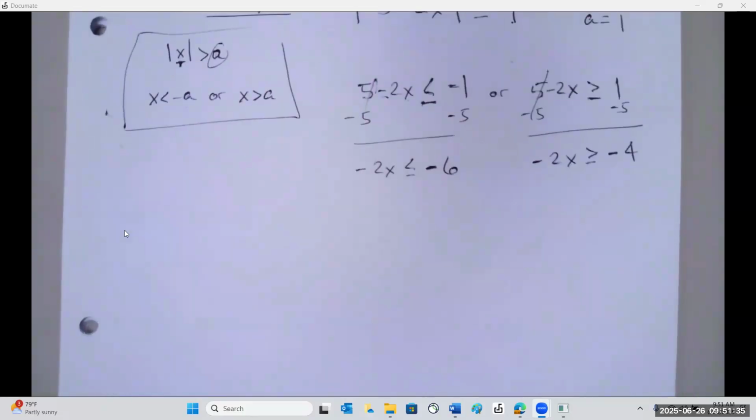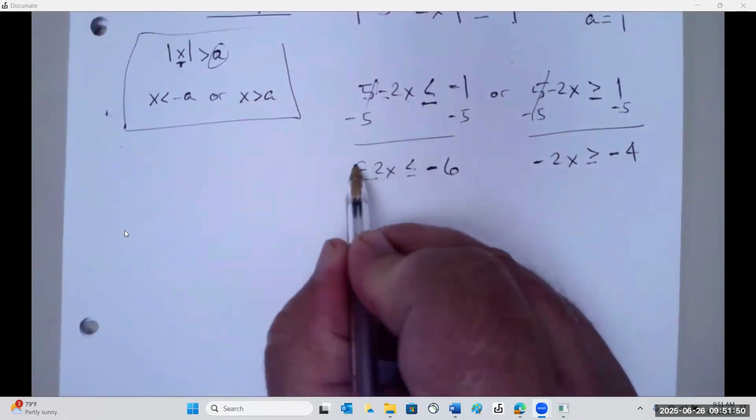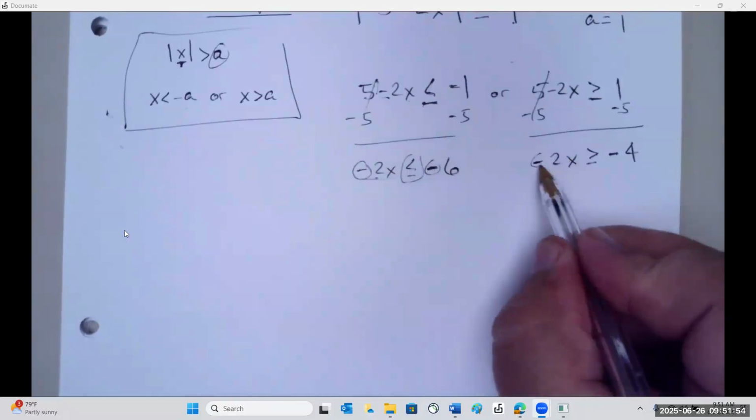What's my next step? Switch the signs, because that's okay here. Remember, now we're dealing with inequalities, so everything has to switch.